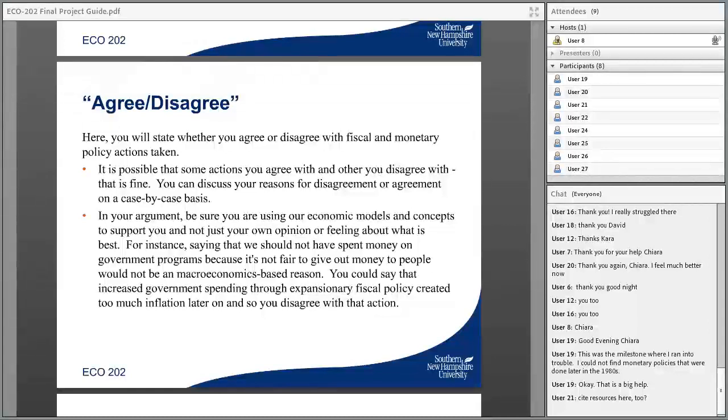The last slide of the final will be an agree-disagree. So here you've examined all these fiscal and monetary policies. You were able to analyze the outcomes. Were they successful? Were they not successful? You've explained the intent of the policy, but that doesn't mean that that intent was then achieved.